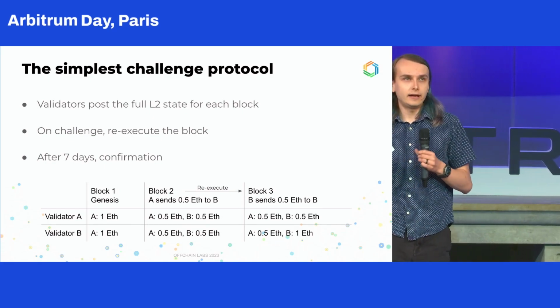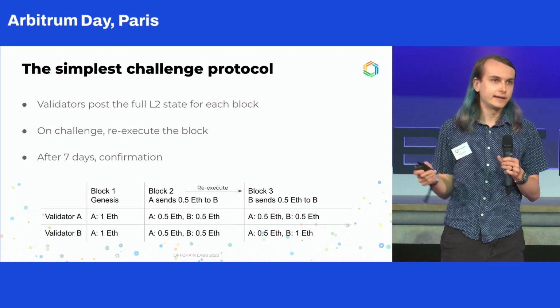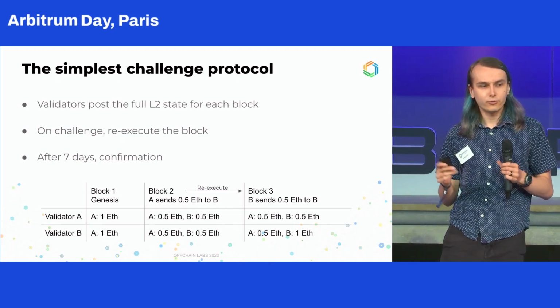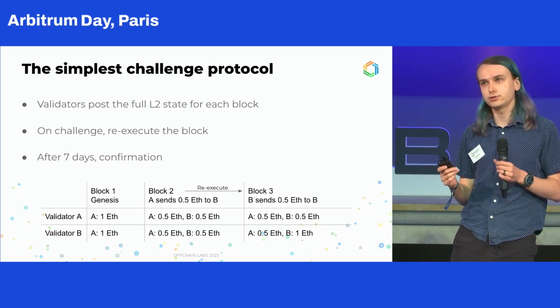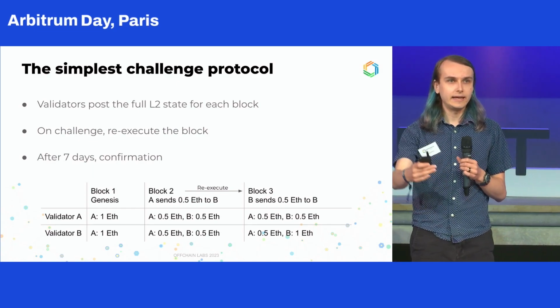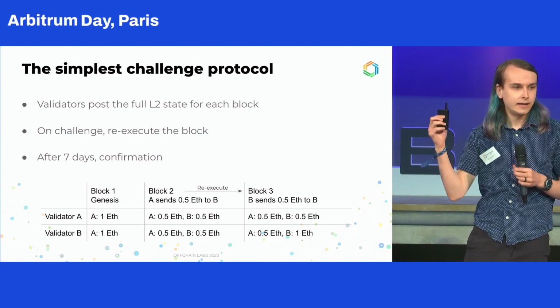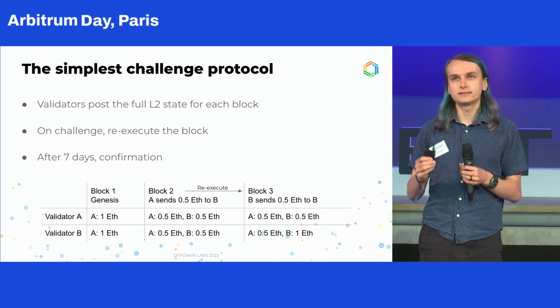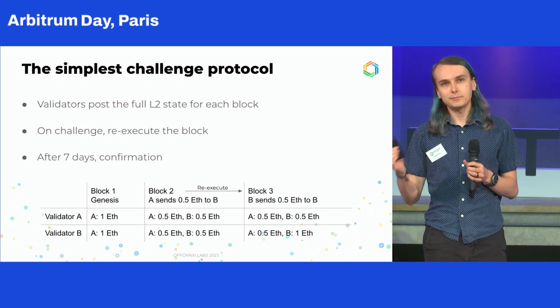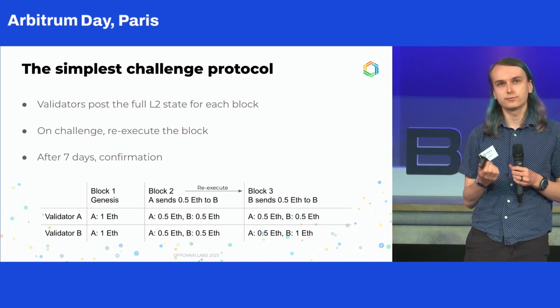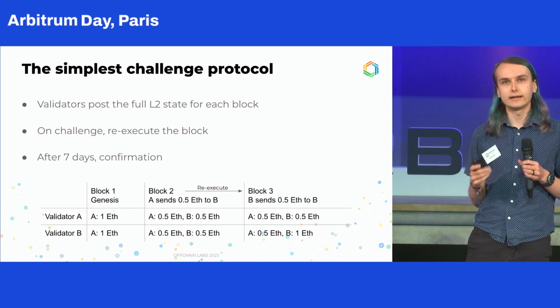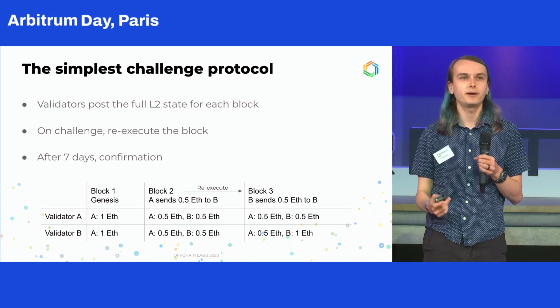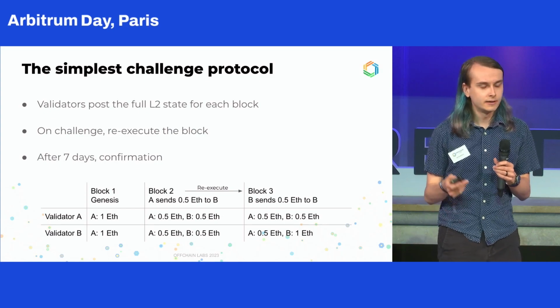And in a challenge protocol, you might have bonding where any validator is disincentivized from posting an incorrect assertion because they would put up a stake, a bond, that anyone who challenges their assertion and wins would get. And in a similar method, the challenger would also put up a bond that disincentivizes them from challenging a correct assertion because they lose that bond if they lose the challenge.